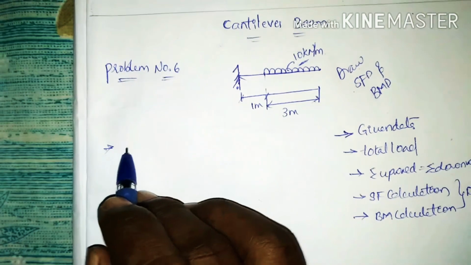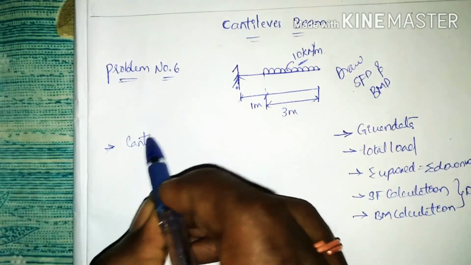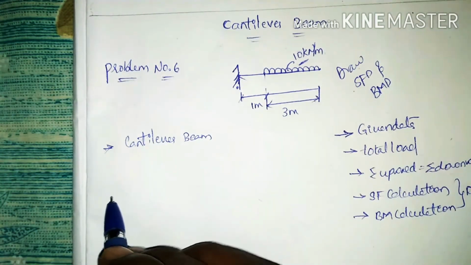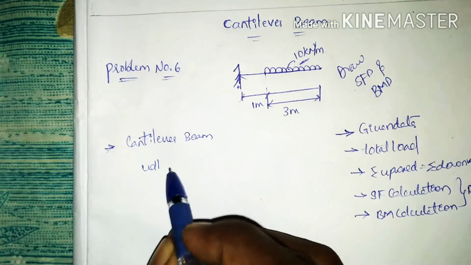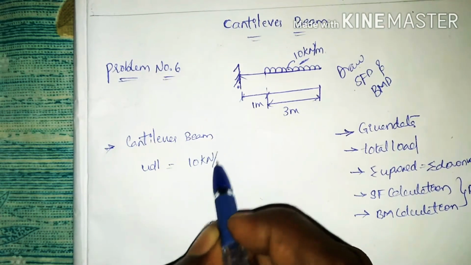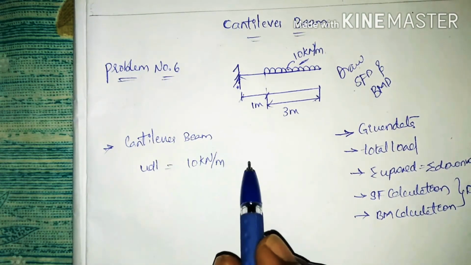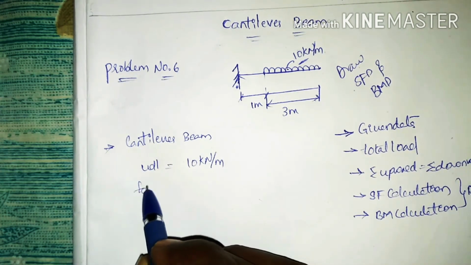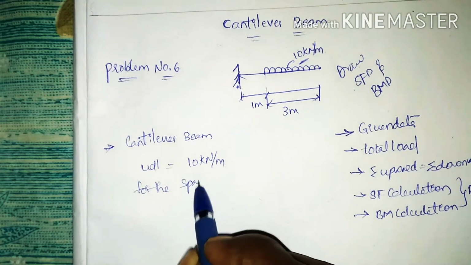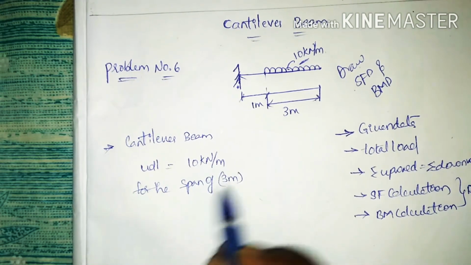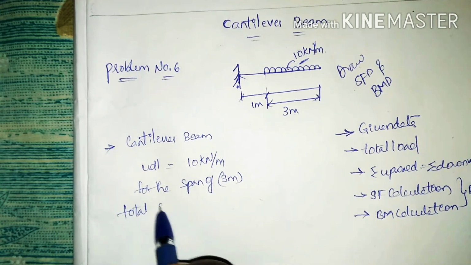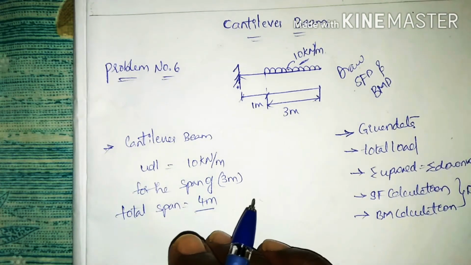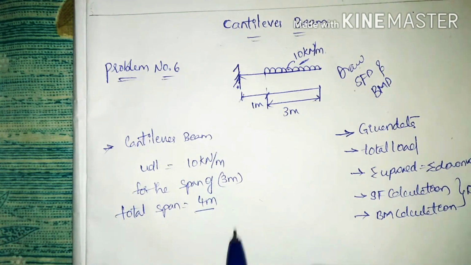Here it is a cantilever beam with a UDL of 10 kilonewton per meter, and this is acting for a span of 3 meters, but the total span of the beam is equal to 4 meters.